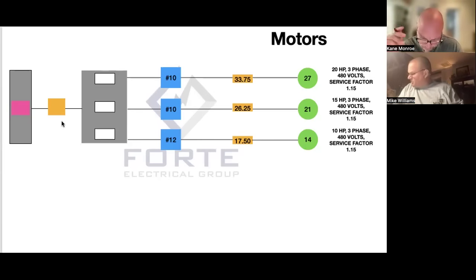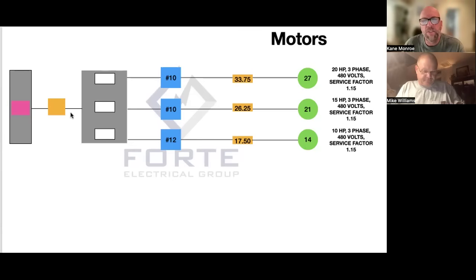There it is, 68.75 at 75 degree. So it goes from 65 to 85, so we're going to bump up to 85. And that's going to be 4 AWG.